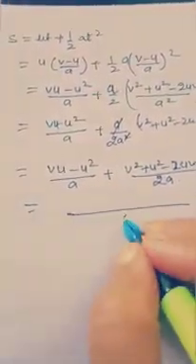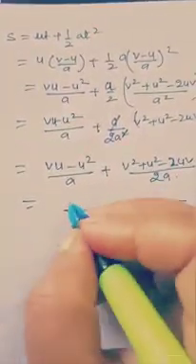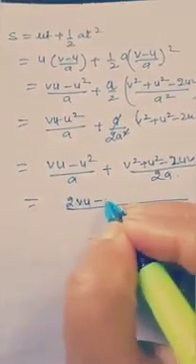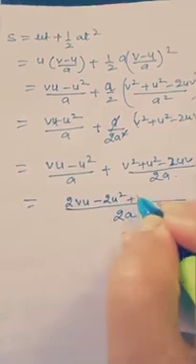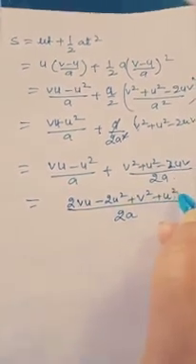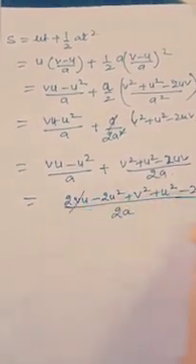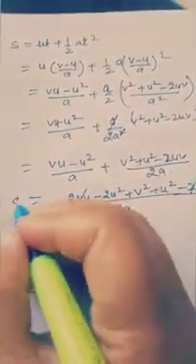So now taking the LCM, it is 2a, multiply 2 over here, so this is 2vu minus 2u square plus v square plus u square minus 2uv. So these two terms are going to cancel out.